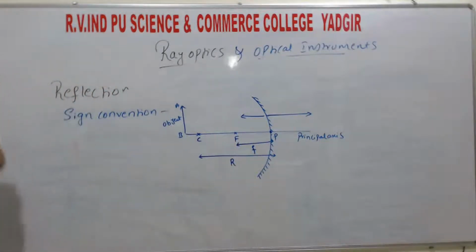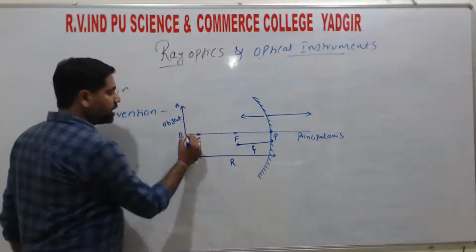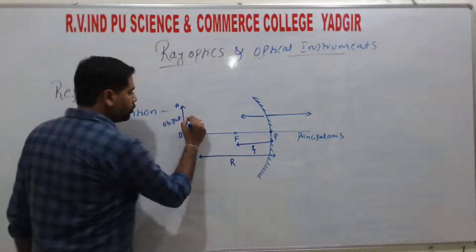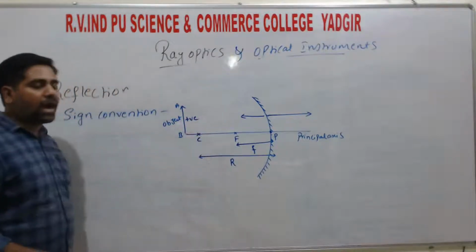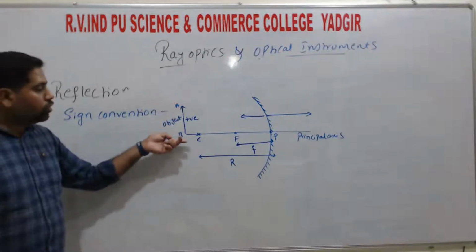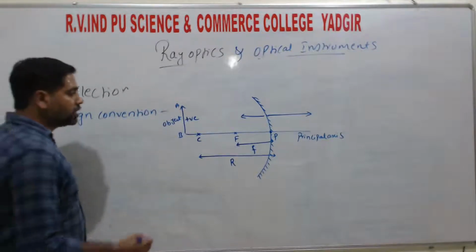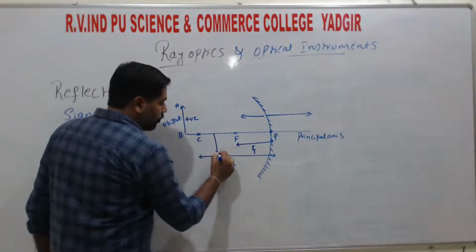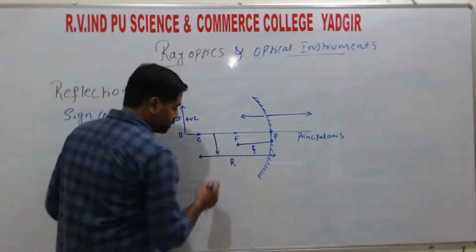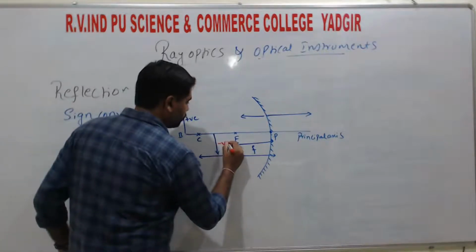Right? So next, the second one is that heights measured above the principal axis are taken to be positive. The heights measured below the principal axis should be taken as negative, right?